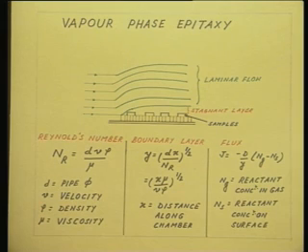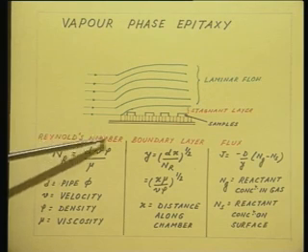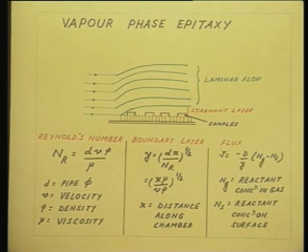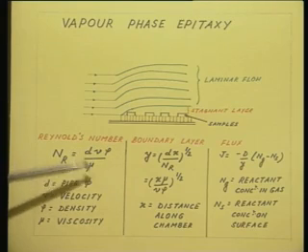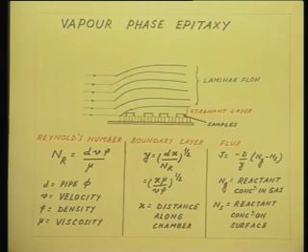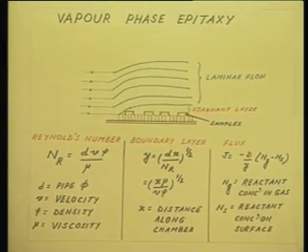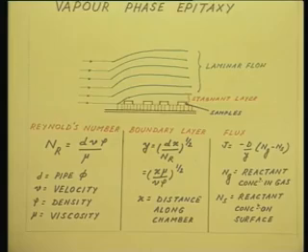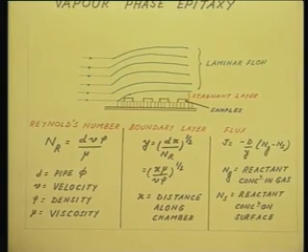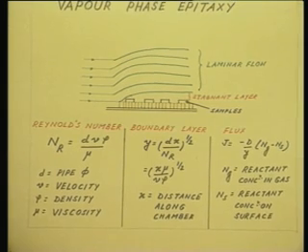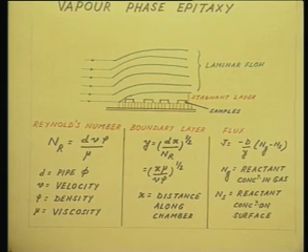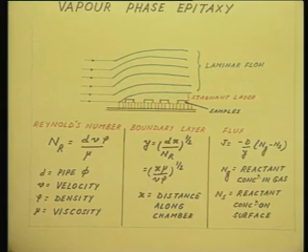First of all, the flow of gas inside a tube is characterized by the Reynolds number. The Reynolds number is given by Nr equals d times V times rho divided by mu, where d is the diameter of the tube through which the gas flows, V is the velocity of gas flow, rho is the density of the gas and mu is the viscosity of the gas.